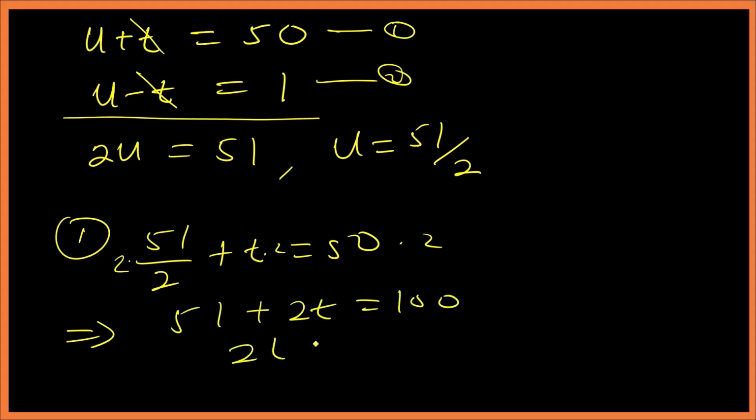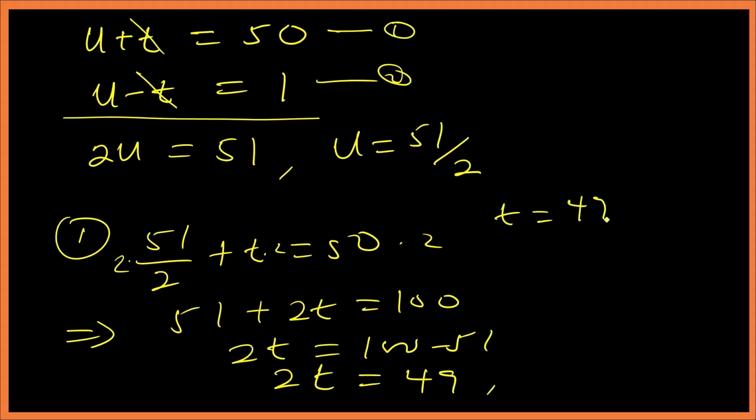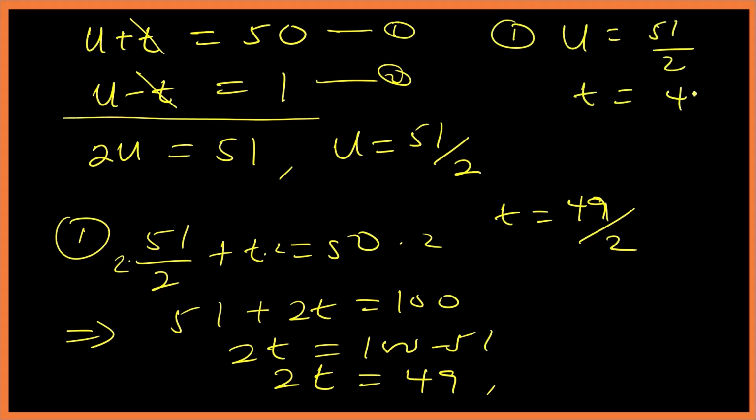So 2t is 100 minus 51, so 2t will be 49. So my t here will be 49 on 2. So the first case has given us u equals 51 on 2, t equals 49 on 2.